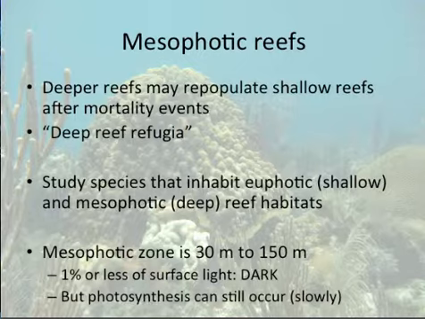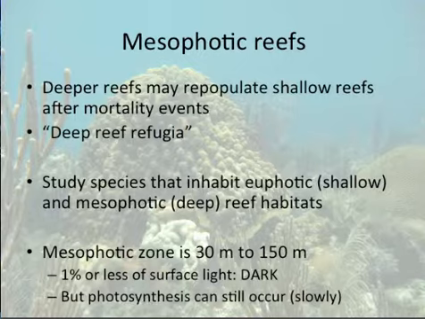These deep habitats, or the mesophotic zone where light is very scarce, start at about 30 meters and extend down to about 150 meters, where photosynthesis can't take place anymore. But in this mesophotic range, there's 1% or less of surface light. So it's pretty dark.